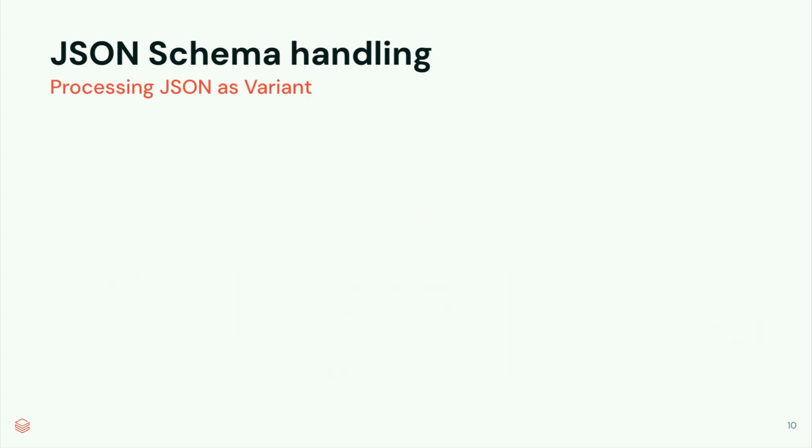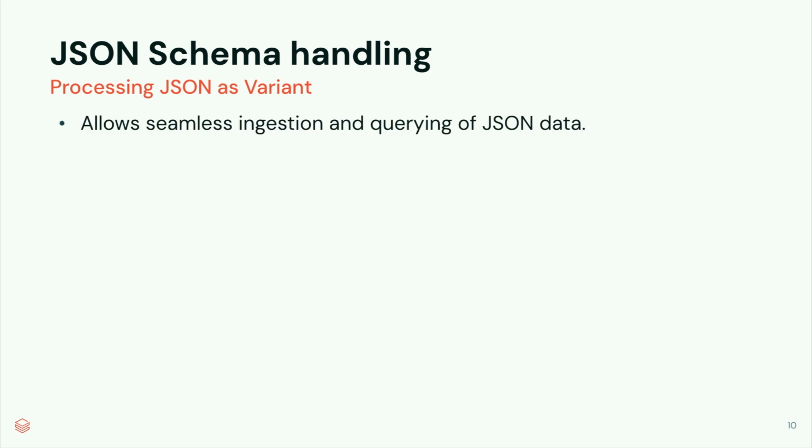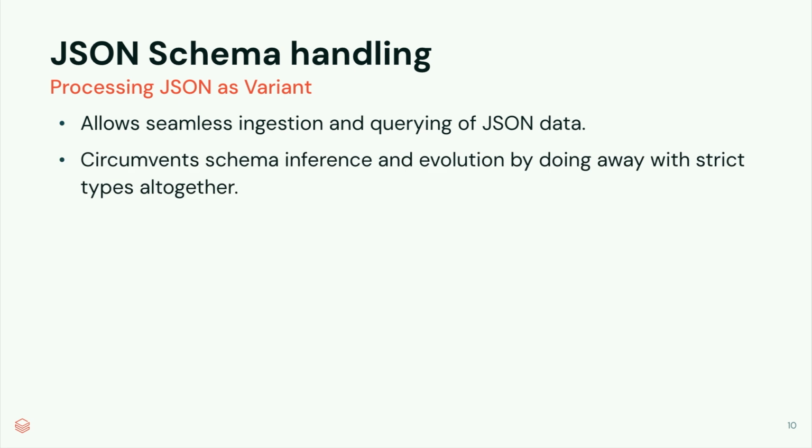Now let's see how we can use variant to handle JSON processing with varying schema. Like most of you might know, variant is a data type in Databricks that uses a binary encoding format under the hood to effectively store and query JSON data. When you use variant, you don't have to worry about specifying the schema up front or how the schema evolves.